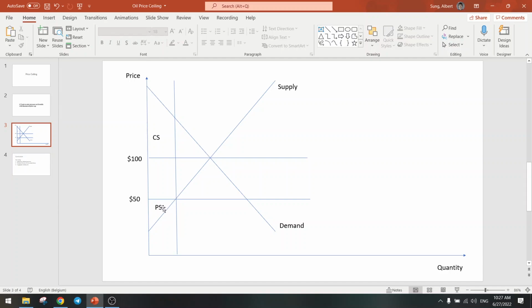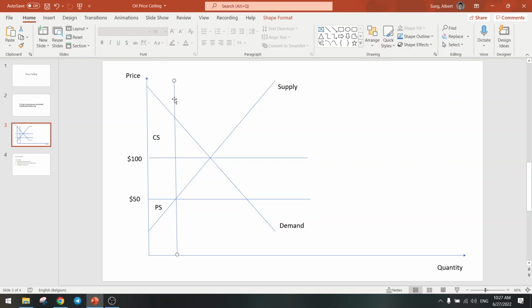And from the producer perspective, this triangle was the value of the producer. So both consumer and producer were benefiting from capitalism. And this whole triangle, this big triangle here, was the value that's been created for both consumer and producer.